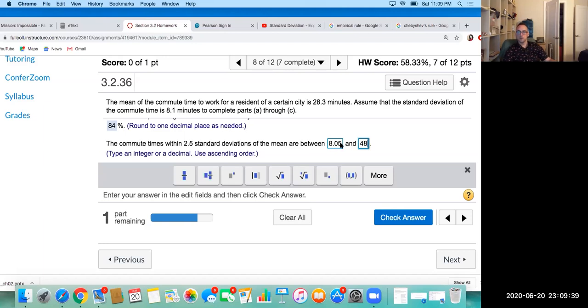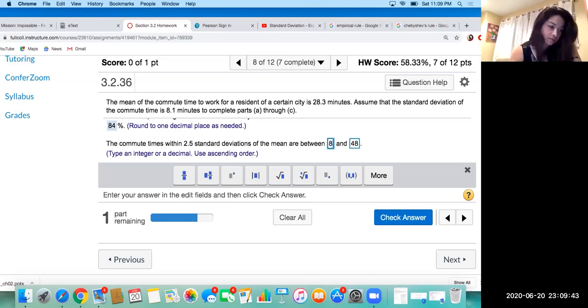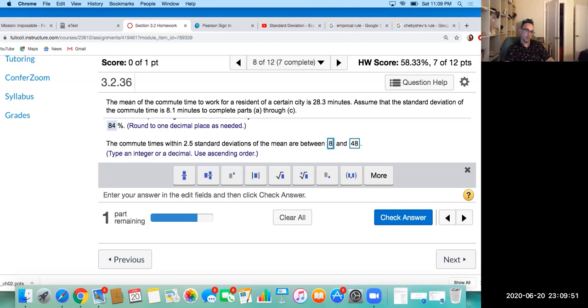It doesn't say what to round to. That's confusing. If I round off 48.55, then it'd be 49. That's if they want an integer, but I don't know why they're not telling us what to round to. It's confusing.